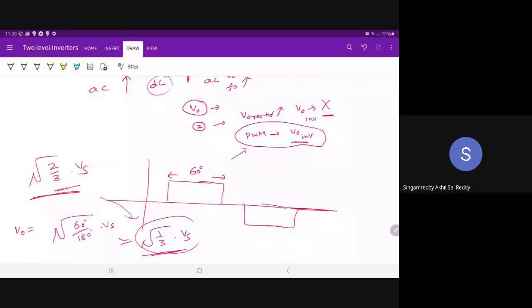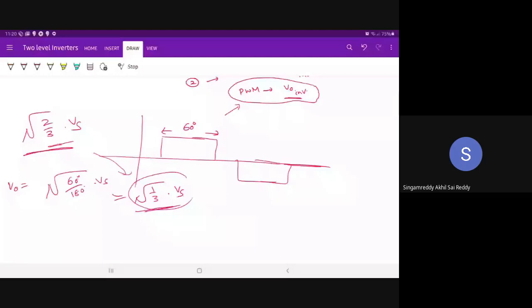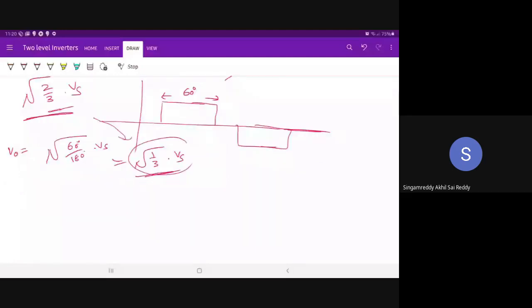Based on that, we have the single pulse width modulation technique. You have to remember that whatever you implement must be symmetrical.